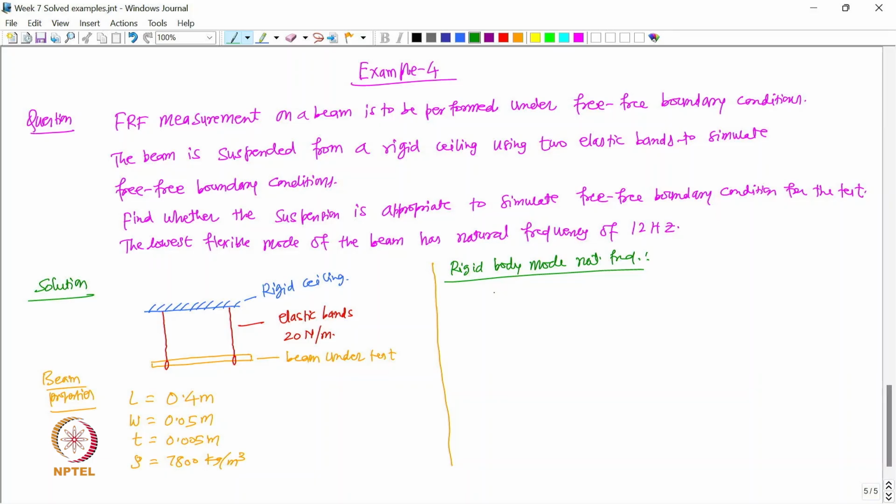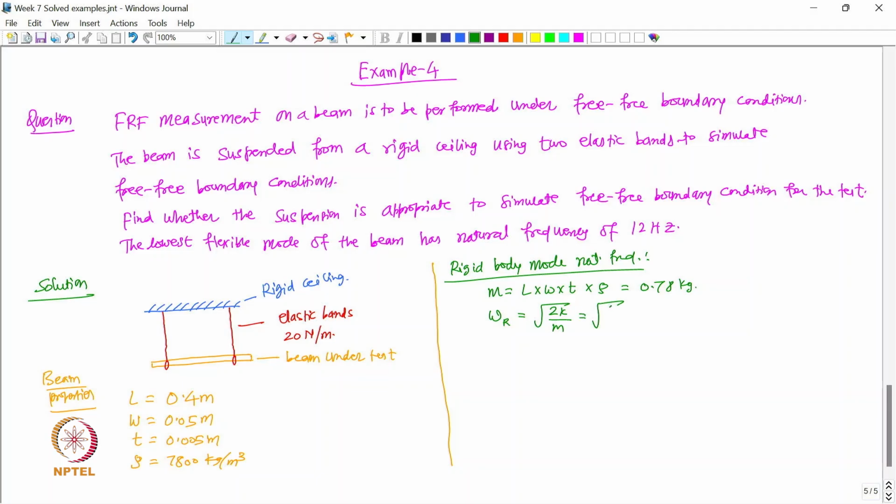Of course, the mass of the structure we can determine, which is simply L into W into T into rho. If you do all this, then you get 0.78 kg. Therefore, the rigid body natural frequency, which I call omega r, is equal to the square root of the equivalent stiffness of the bands, which will be 2K because the bands provide stiffnesses which are in parallel, divided by m.